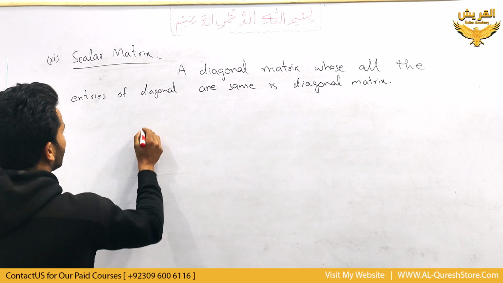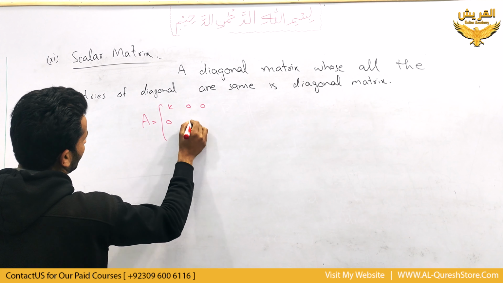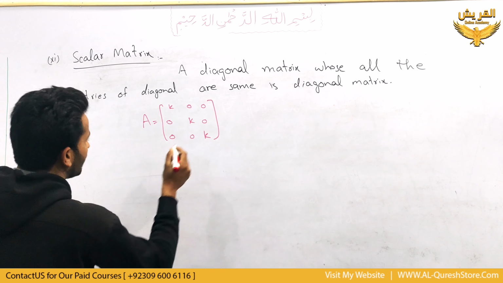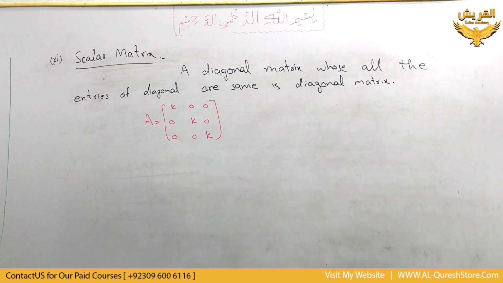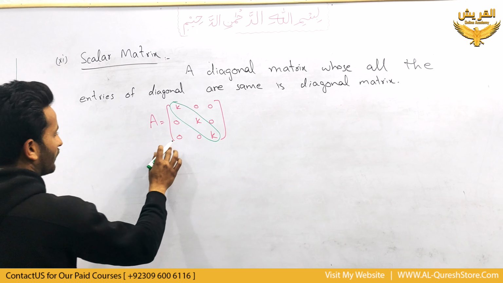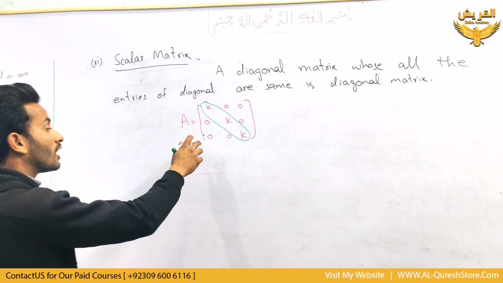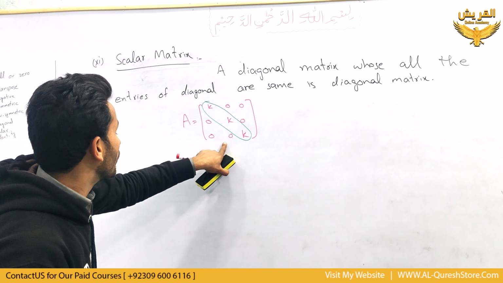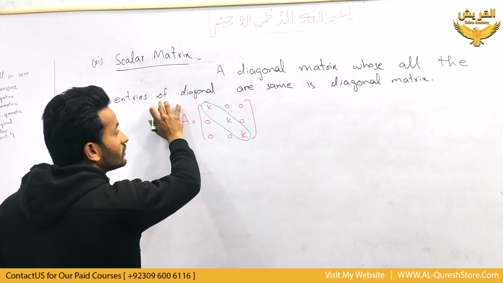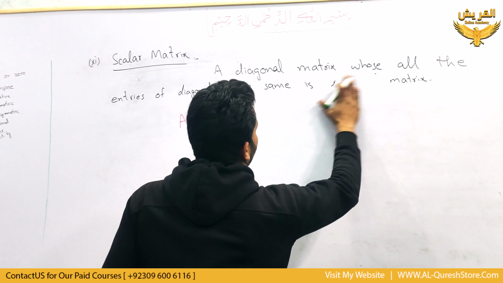For example, A is equal to k, 0, 0, 0, k, 0, 0, 0 and k. We can see that the diagonal elements are all k. They are the same elements. All the three elements are the same, and all elements except the diagonal elements are 0. So it is a diagonal matrix whose diagonal entries are all the same, called a scalar matrix.